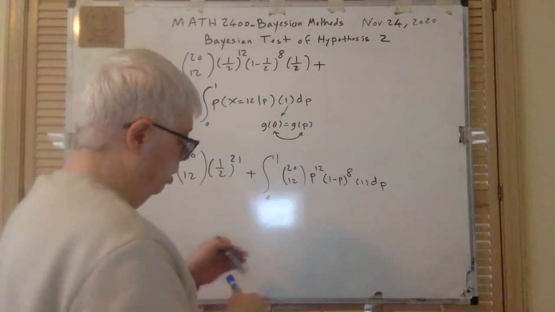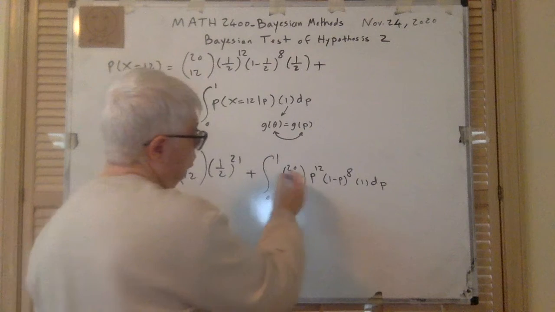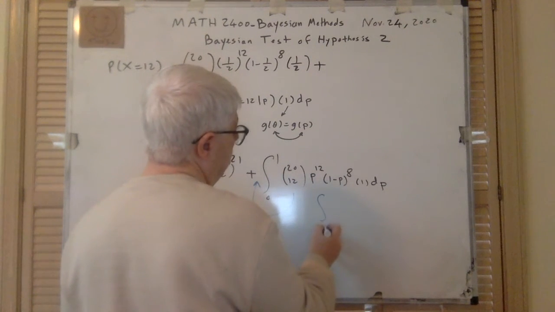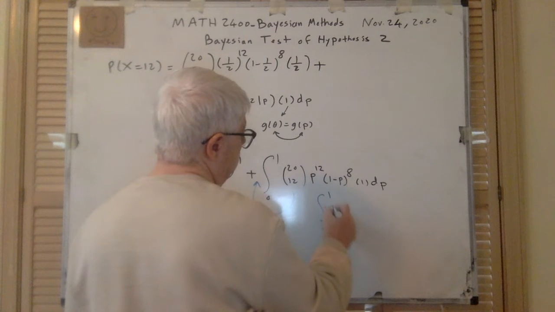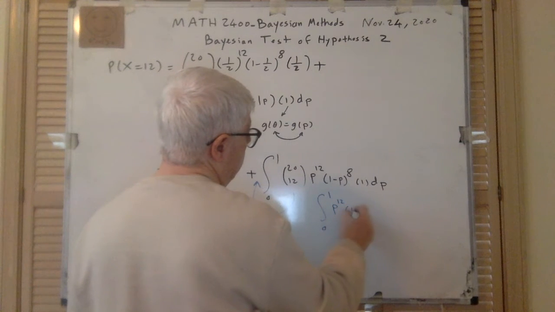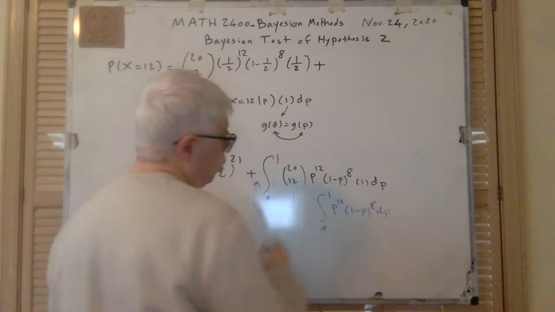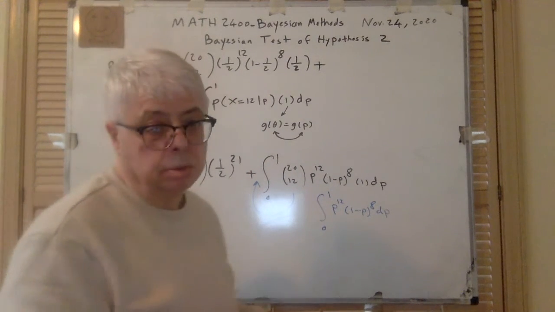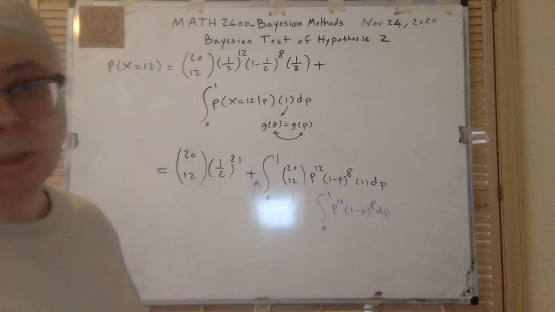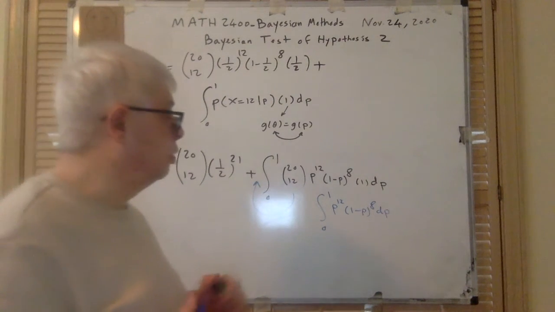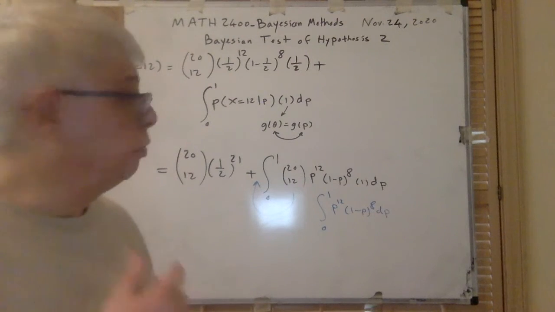If I bring this out, what remains is an integral from 0 to 1 of p to the power 12 times 1 minus p to the power 8 dp. Such an integral is called the beta function. But just use your calculator or Wolfram to find this.